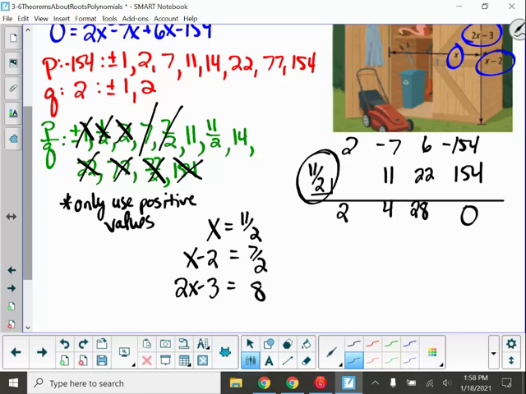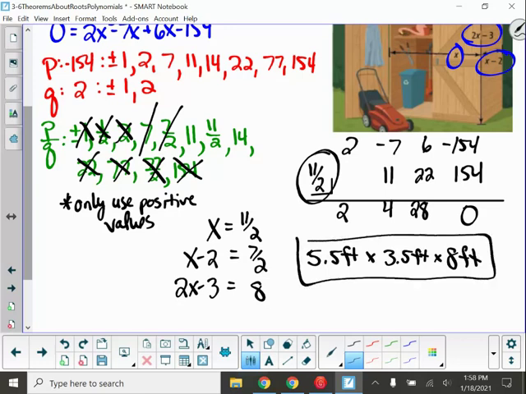So this is, if you want to change to decimal, 5.5 feet by 3.5 feet by 8 feet shed. Okay, so that's one of the ways you can use this theorem to help you solve a real world type question.